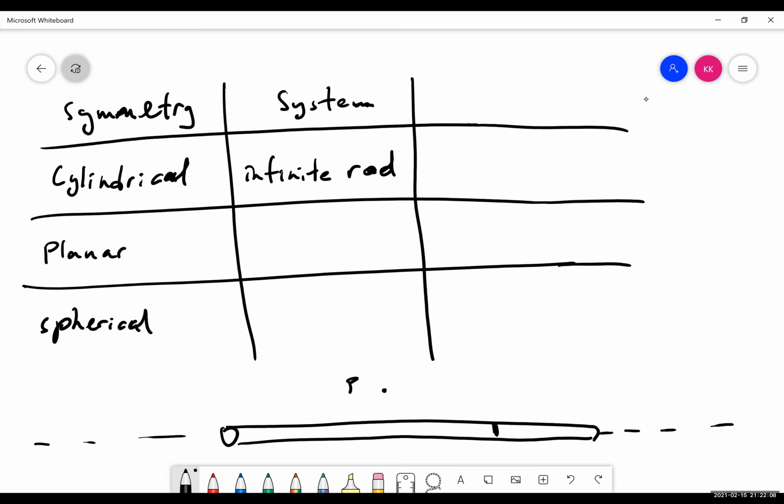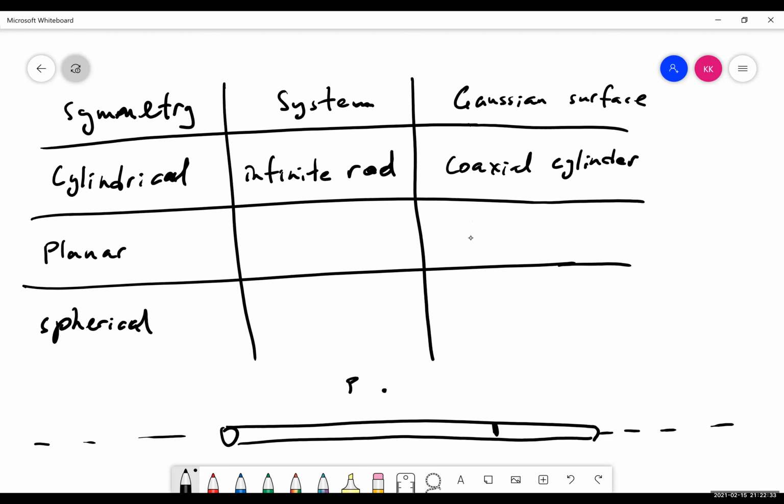But here, we're going to apply a Gaussian surface. The Gaussian surface that is appropriate for this type of symmetry and system is a coaxial cylinder. That means what I do here is this.